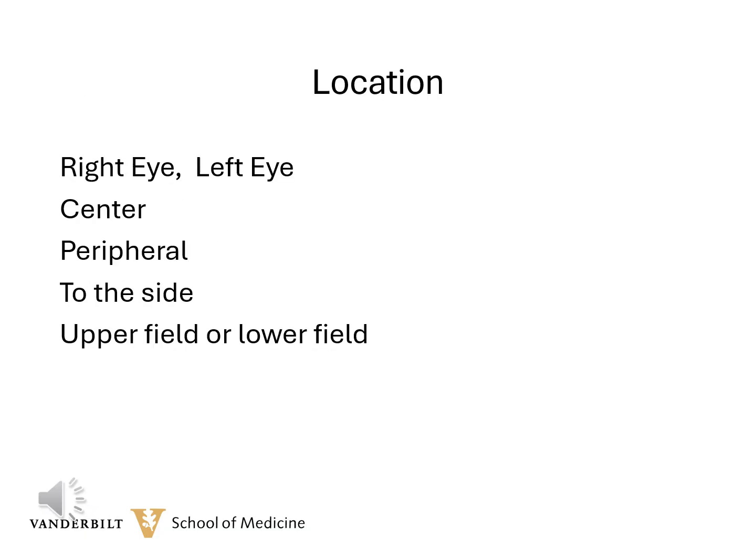So, location of the visual complaint. And you want to know, is the complaint right eye, left eye, or both eyes? Is the complaint in the middle of the vision, or is it peripheral? Is it to the side on the right, side on the left? And do they notice this in the upper or the lower field of vision?